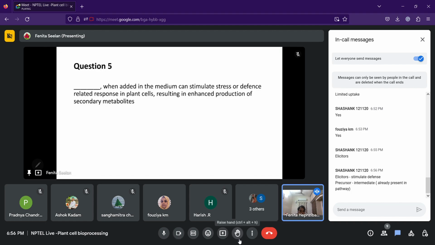Okay, elicitors stimulate defense. Precursors are already present in the pathway. Intermediate. Okay, Sashank has given one answer. Fauzia was also telling the same. So a precursor is only something already present in the pathway, or it can be endogenous or exogenous also, no?